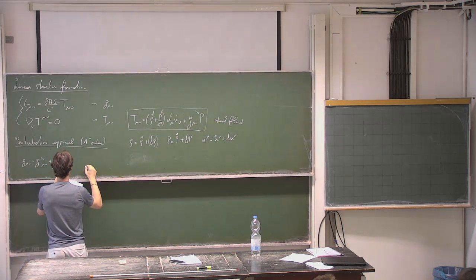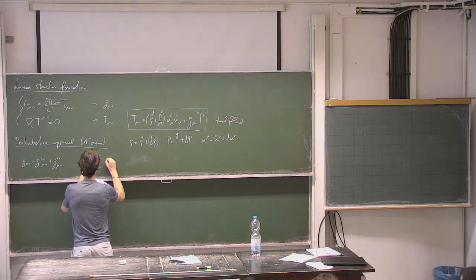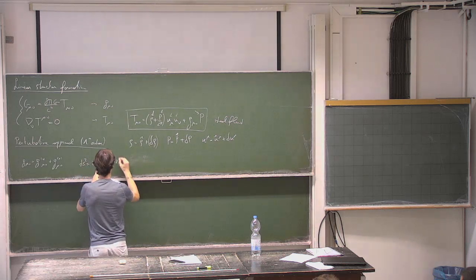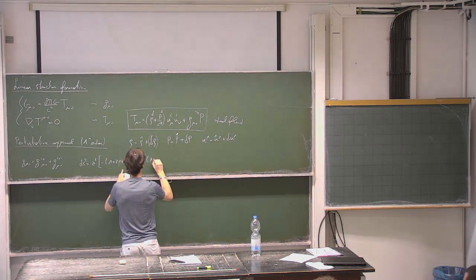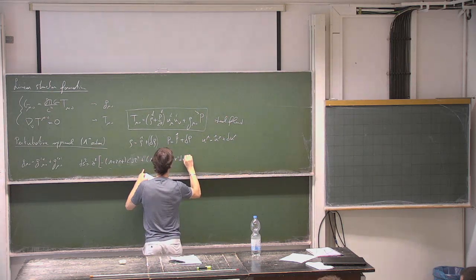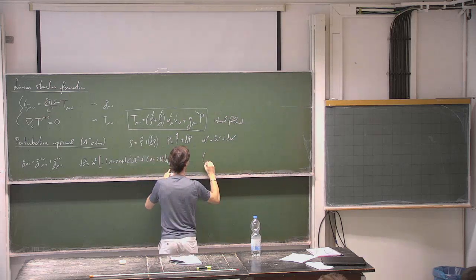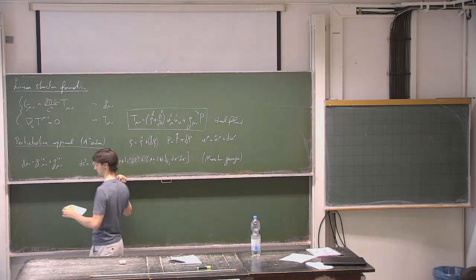Let me write the 4 elements. So we're going to use the Newtonian gauge: a squared times minus 1 plus 2 psi, c squared d tau squared, plus 1 plus 2 phi, delta ij dx^i dx^j. Okay, that's the Newtonian gauge.